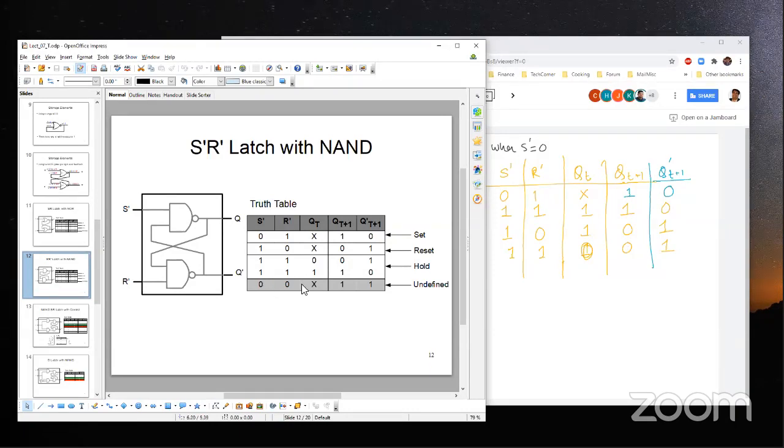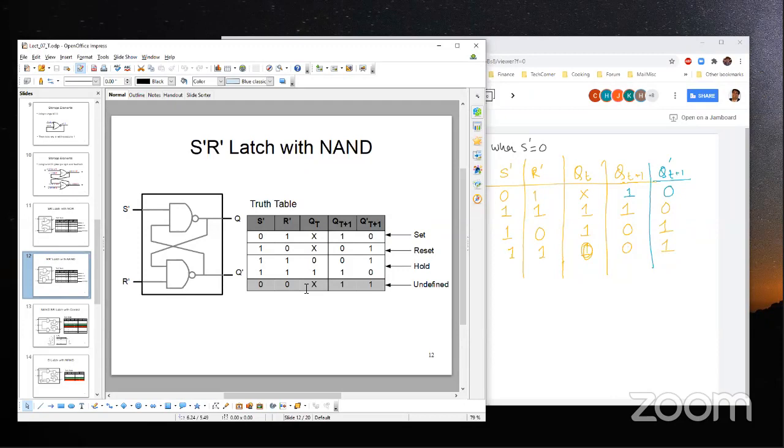And 0, 0 is undefined in the sense that you can see, let me just reset it. Let's say this output was 1 and 1, 1 and 0, and you apply 0, 0.